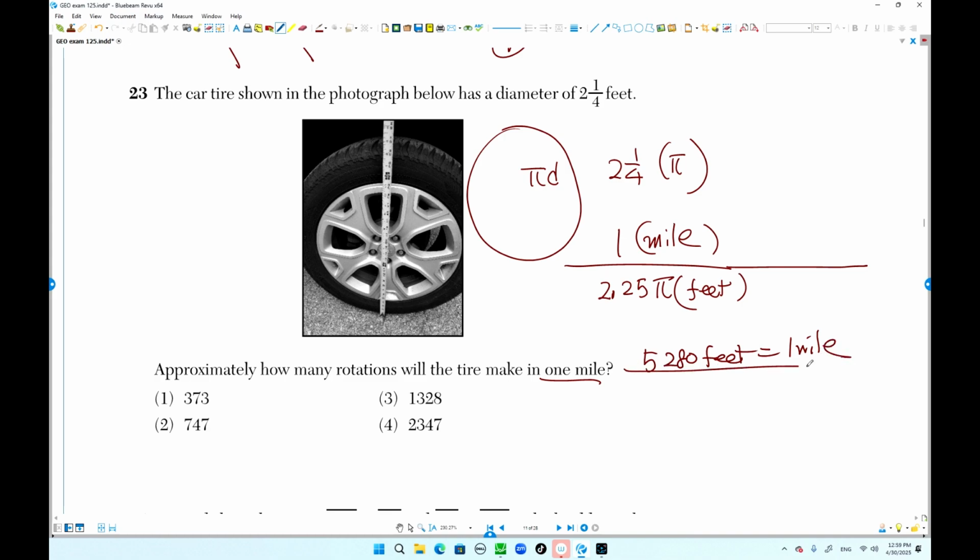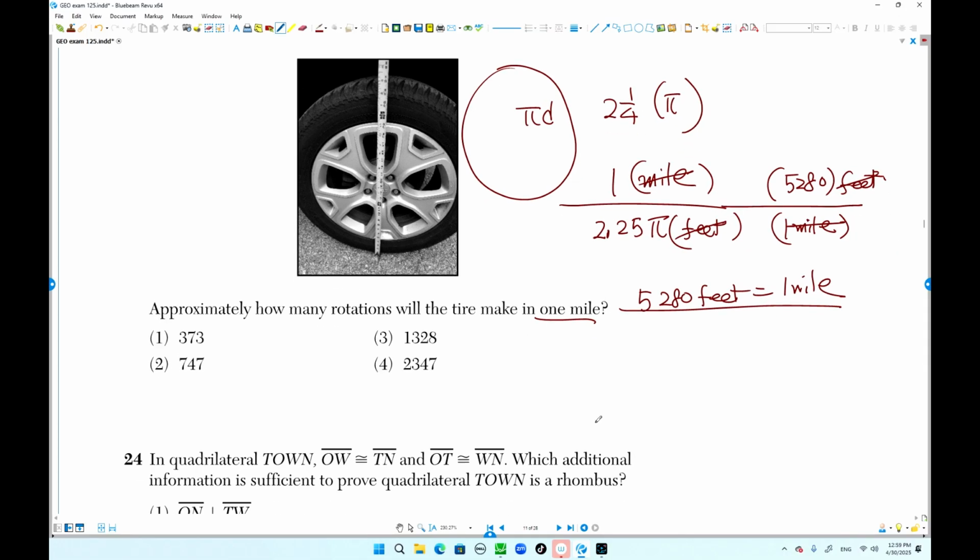So I'm going to set up the right converting ratio, right? 1 mile. So this is 2.25 pi feet, okay, so my feet cancel out. That is the number of rotations, which is equal to what? 5280 over 2.25 pi, right?